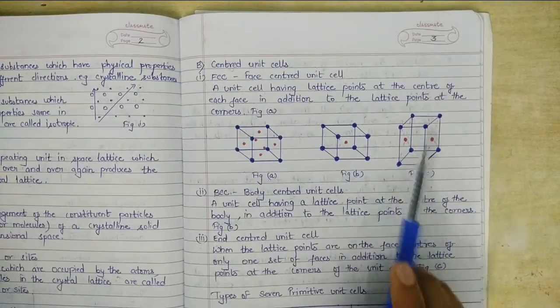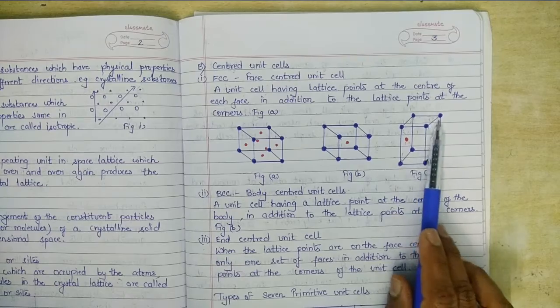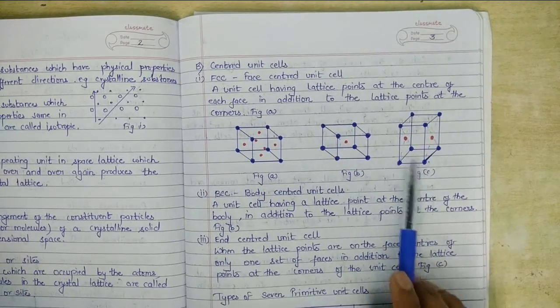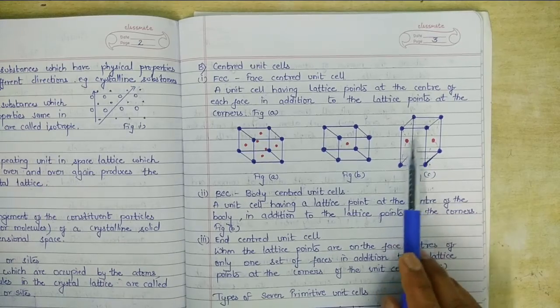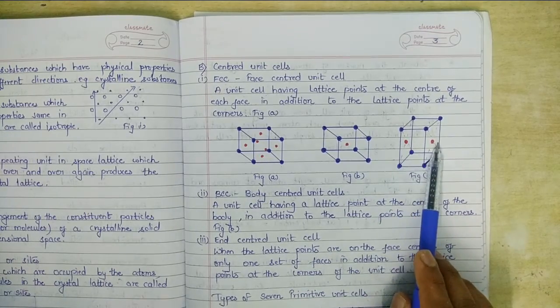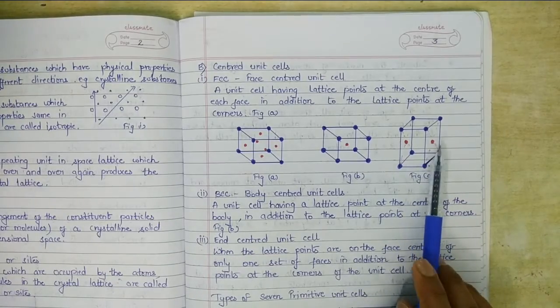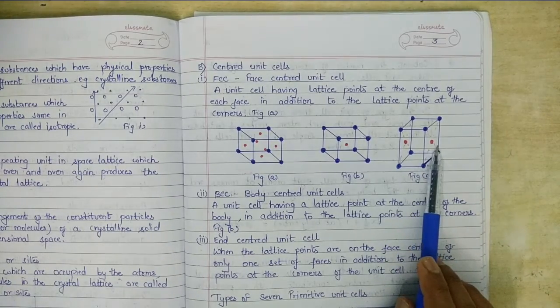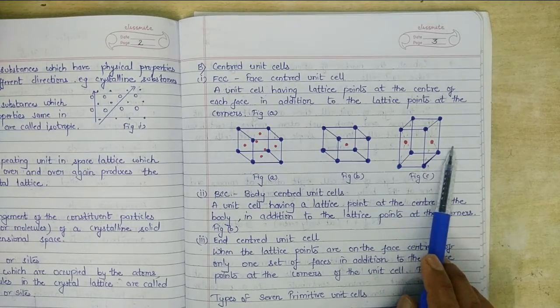Now if you see this figure, the atoms are present on the corners of the unit cell, and also one set of atoms is on the opposite faces. So this type of unit cell is called an end-centered unit cell.